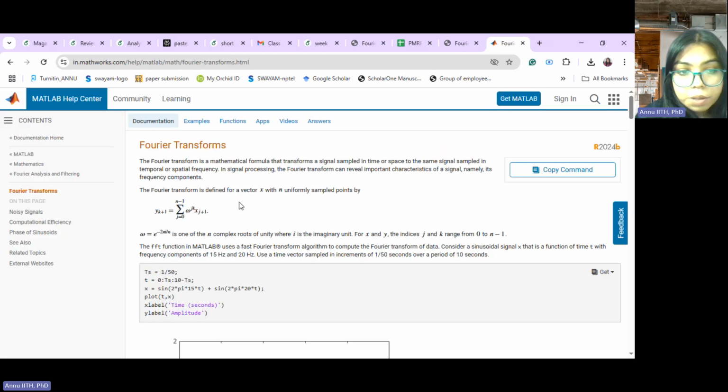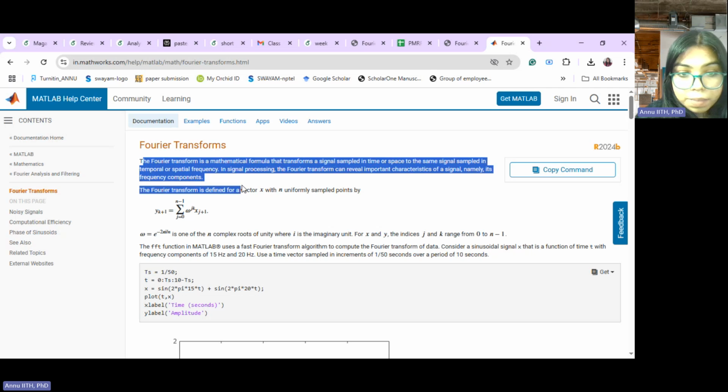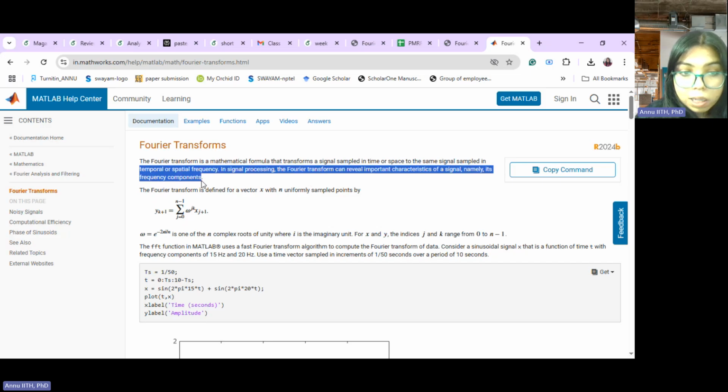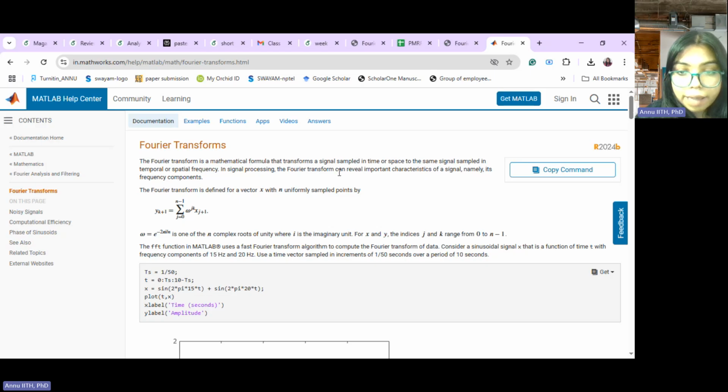Okay. So as of now, let us see this. The Fourier transform is a mathematical formula that transforms a signal sampled in time or space to the same signal sampled in temporal or spatial frequency. In signal processing, the Fourier transform can reveal important characteristics of a signal, namely its frequency components.